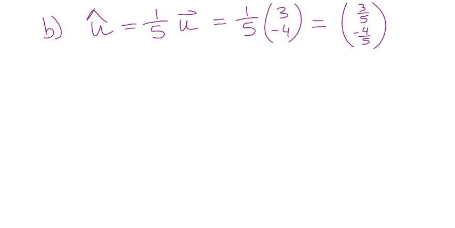I'm scaling the vector down to be 1/5 of its size. Everything is 1/5 of what it was, and so the resultant magnitude will be 1, giving us a unit vector, a vector with a magnitude of 1. So if you were to take 3/5 squared plus -4/5 squared, what would you get? 1. Very good.